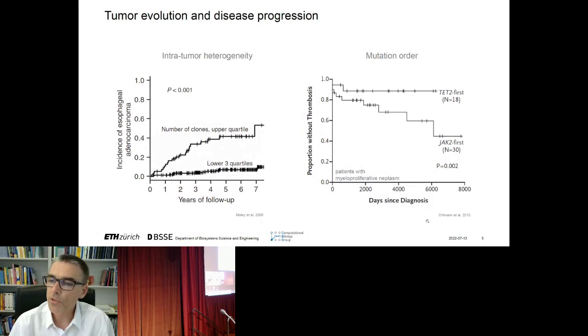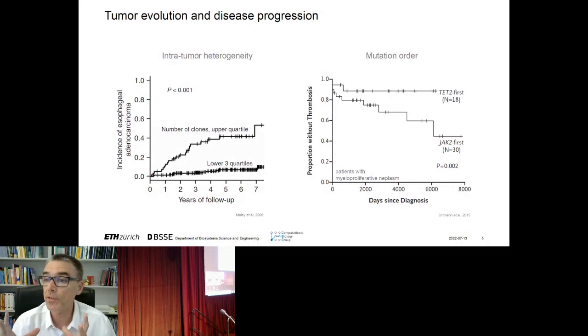And not so long ago, but also a few years ago, there were the first papers analyzing the order in which mutations occur. So here's a particular example of mutations in two genes, TET2 and JAK2. And again, it turns out that if you have TET2 first, then progression of the disease is much more likely, so the prognosis is poorer.